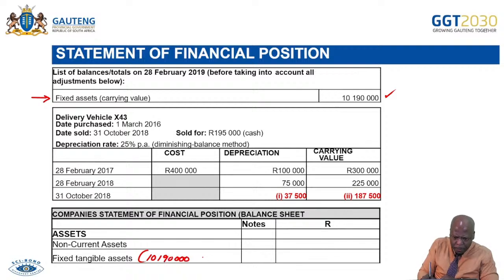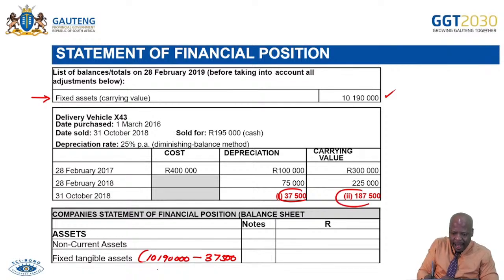Then from these assets, we know that we have calculated depreciation, and that depreciation is how much? 37.5. So I'll say minus the depreciation of 37,500. Then I'll also say this asset has also been disposed.